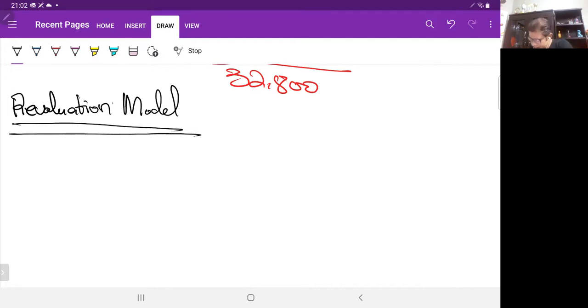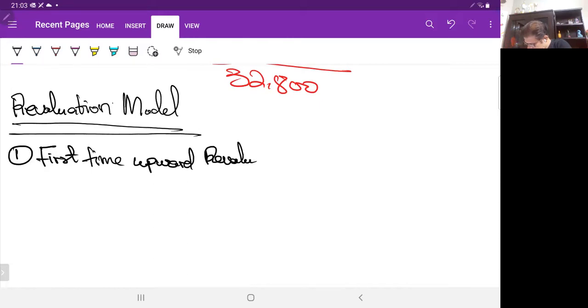We have four scenarios in revaluation. First one, first time upward revaluation.